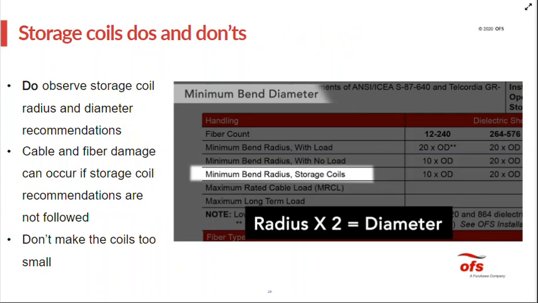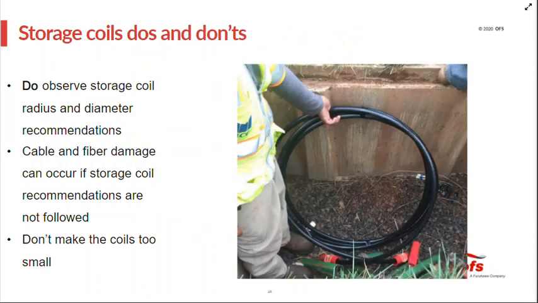In order to determine the diameter of that cable storage loop, the diameter is 2 times the radius. So here's just a photograph of a nice looking storage coil in a handhole. Nice large diameter, nice generous radius.